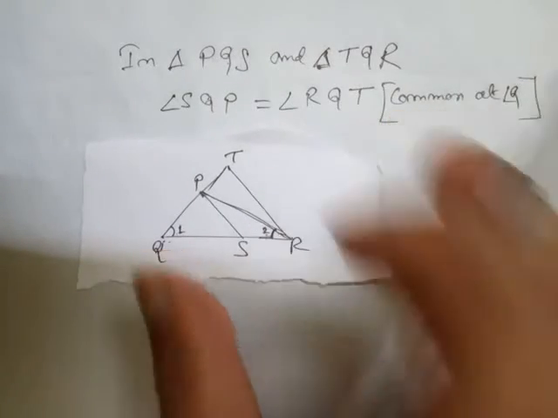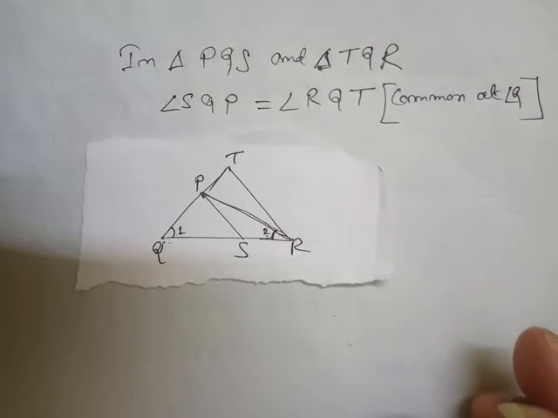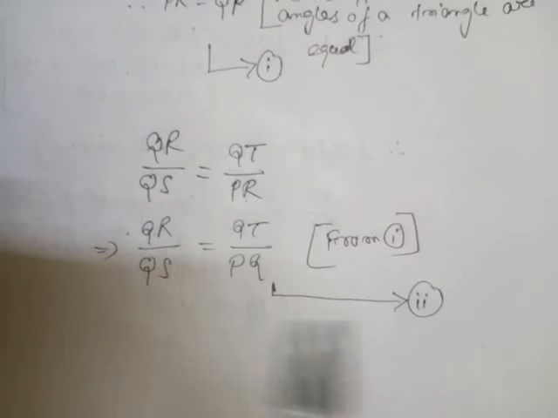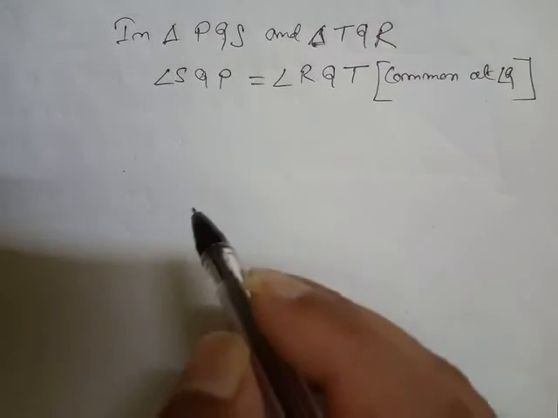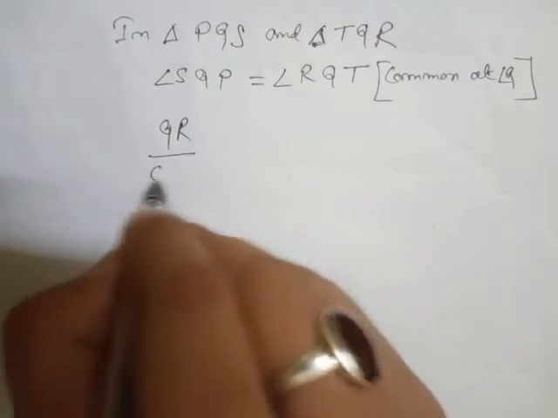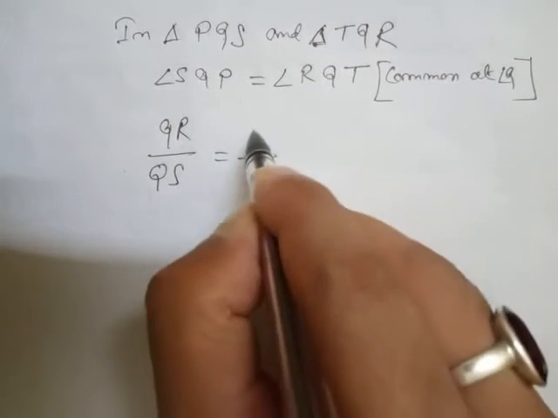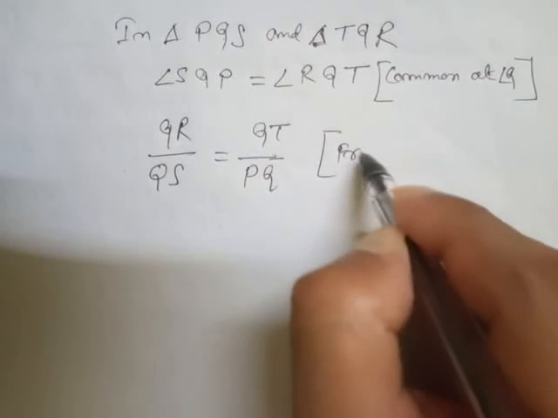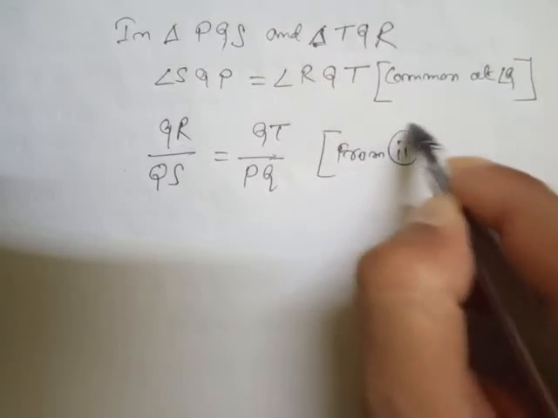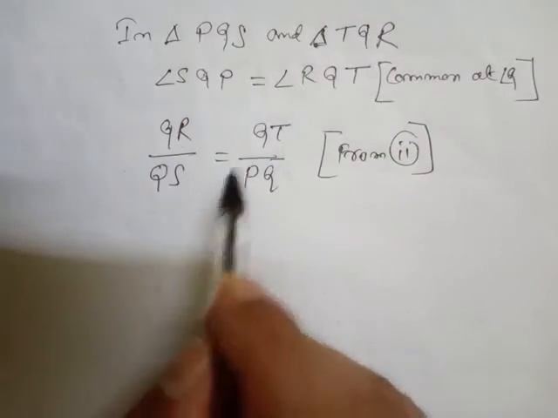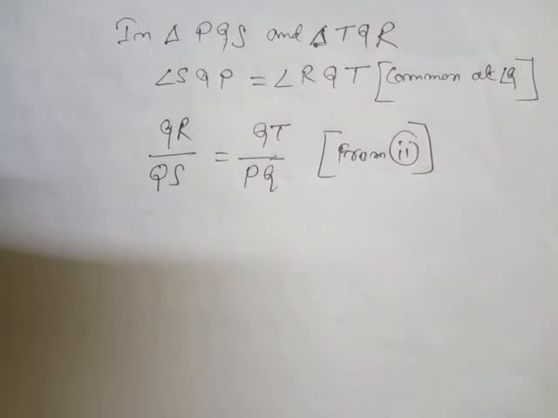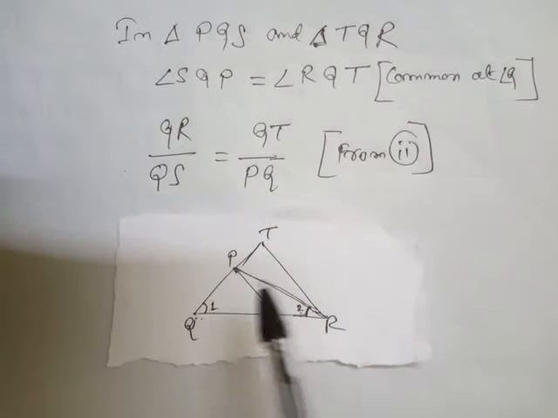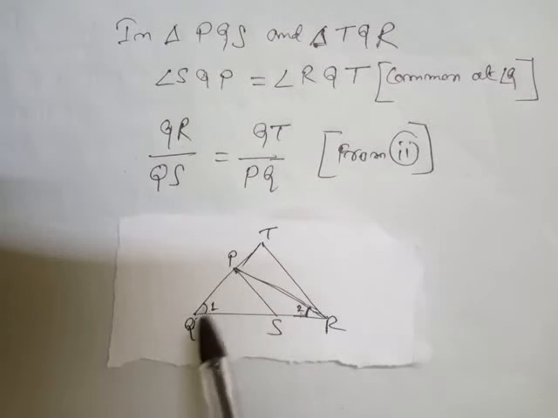Now from equation number 2, QR by QS equals QT by PQ.